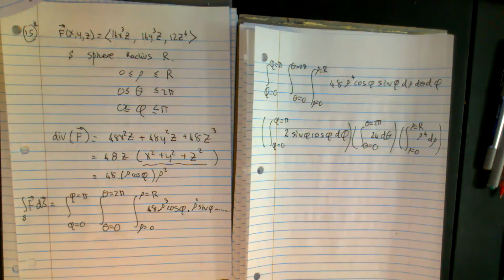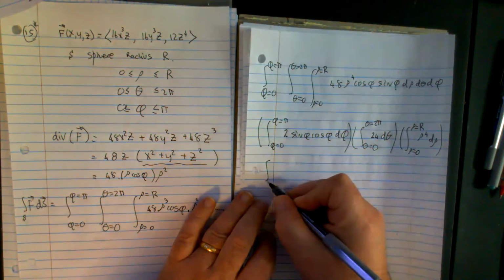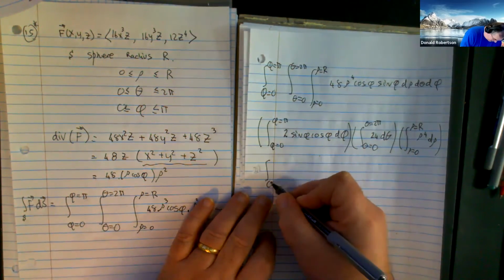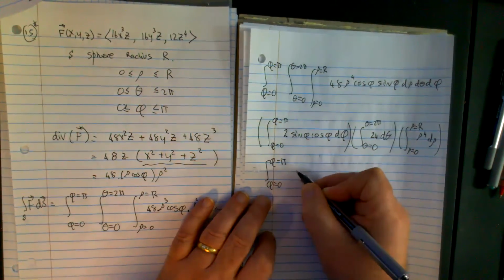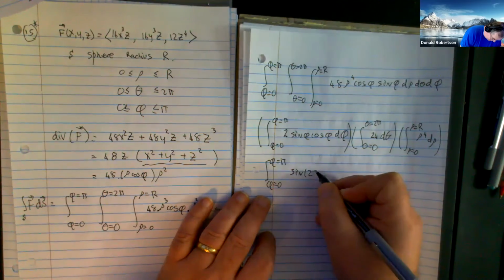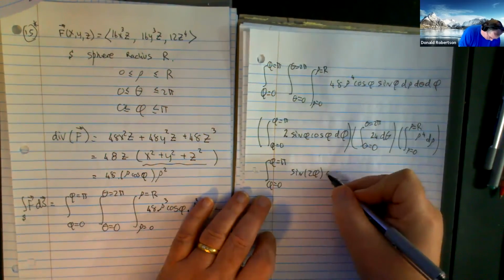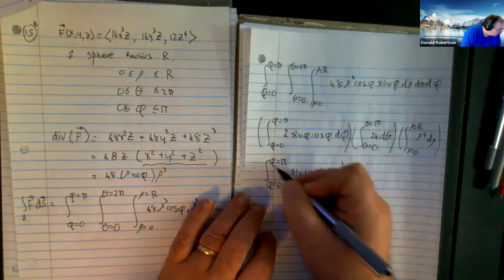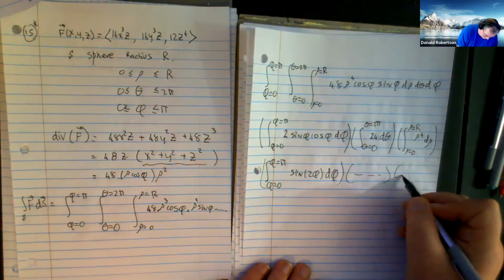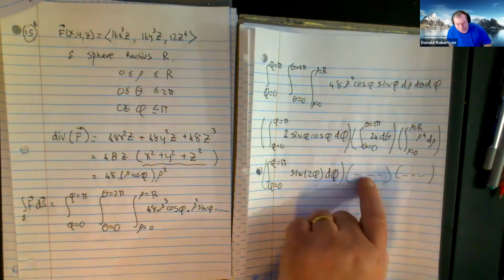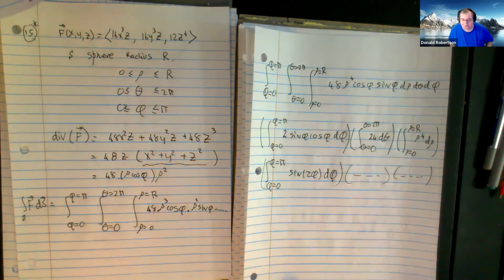That's cosine of 2, well, in this case, it'd be 2 phi. It's 0 to pi of the sine of 2 phi d phi. And then we've got this guy, and then we've got this guy. But I'm not even going to write these two guys down.